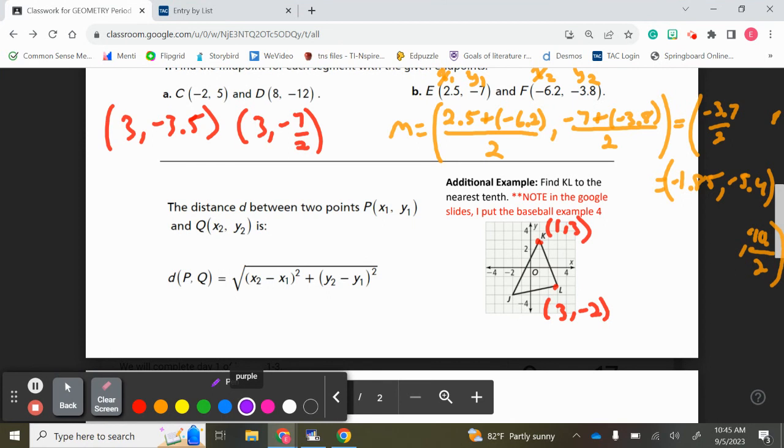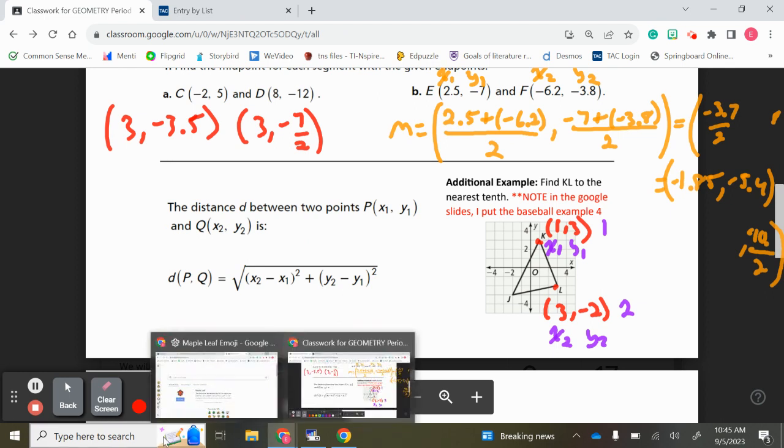Now, I'm going to kind of mix things up a little bit. I'm going to define this as my, actually, no, I'm not mixing up. This is 2, this is 1. But again, I can flip-flop these. It doesn't matter. This ends up being x1. This ends up being y1. This is x2, y2. And all I'm going to do is I'm going to substitute these into this formula.